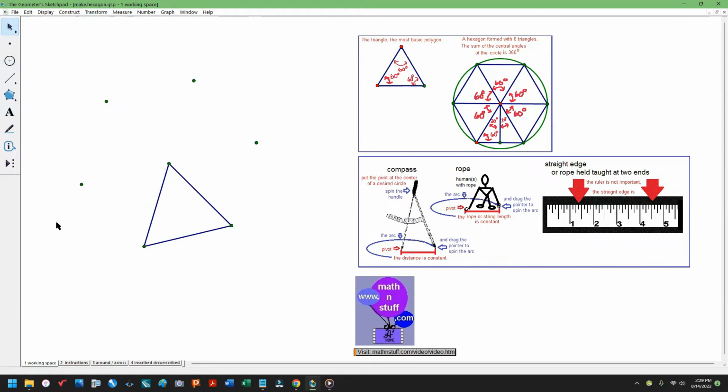So now I have what looks like a bunch of dots. But now, what do those dots do?